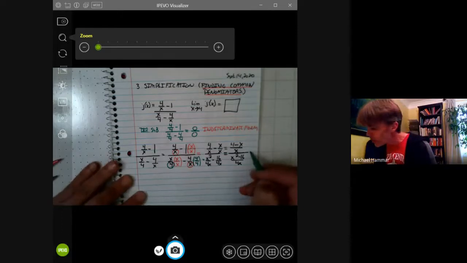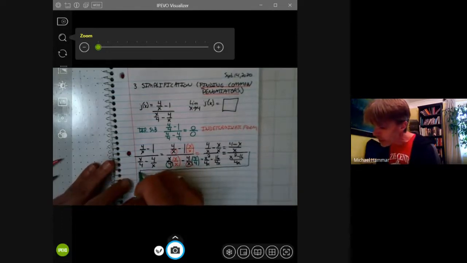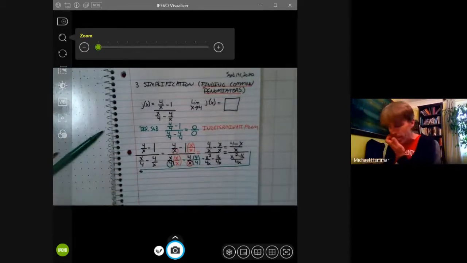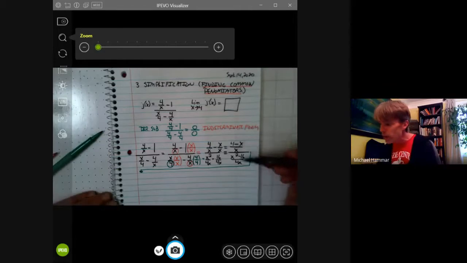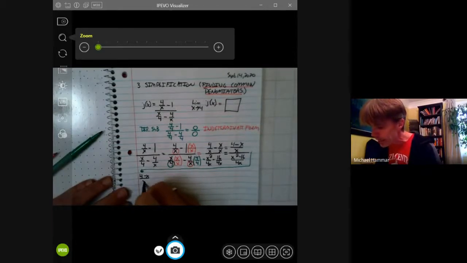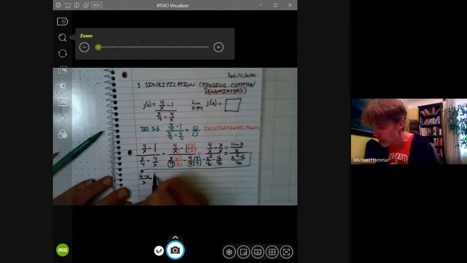So I'm going to slide right over here to continue the simplification process. If you remember, when you divide by a fraction, you have to flip and multiply. So that's what I'm going to do first. You need to remember a lot of algebra when we do this. So you need to flip and multiply the bottom of that fraction. So it's going to be 4x over x squared minus 16.